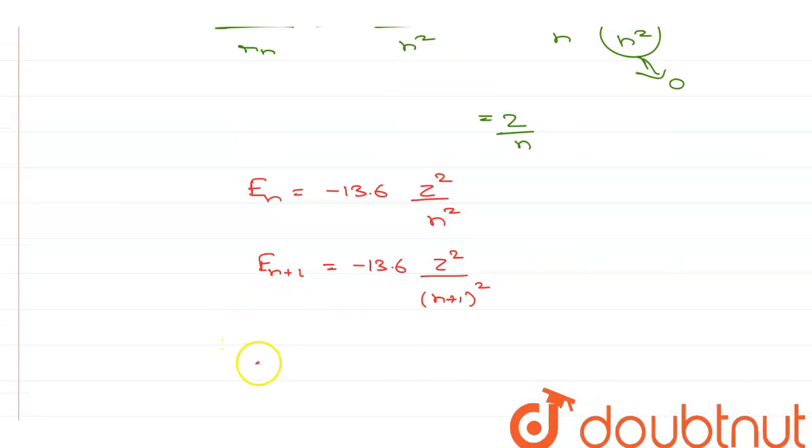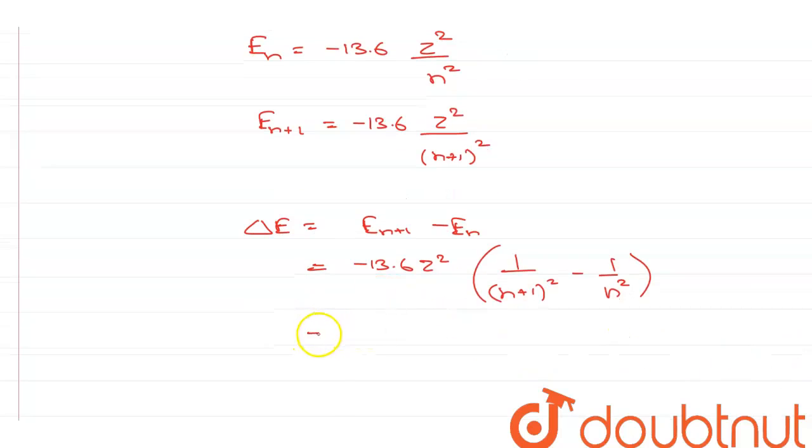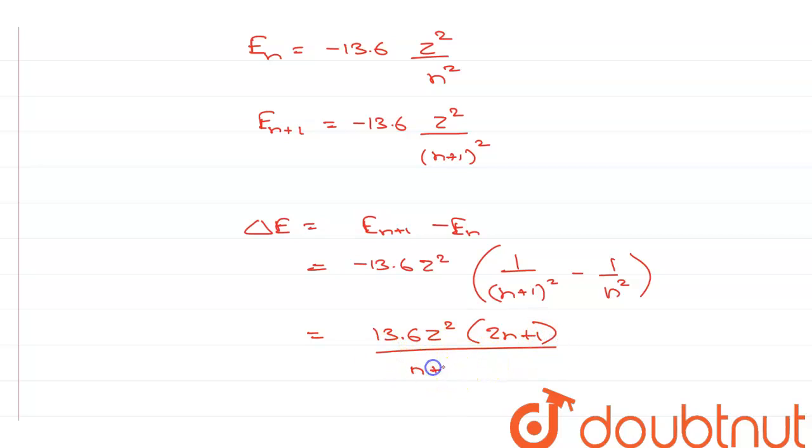So let's say delta E will be equal to En plus 1 minus En, which is equal to minus 13.6 times Z squared times (1 by (n plus 1) squared minus 1 by n squared), which is equal to 13.6 Z squared (2n plus 1) upon (n plus 1) squared n squared.